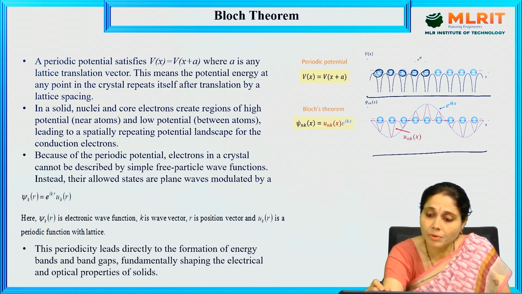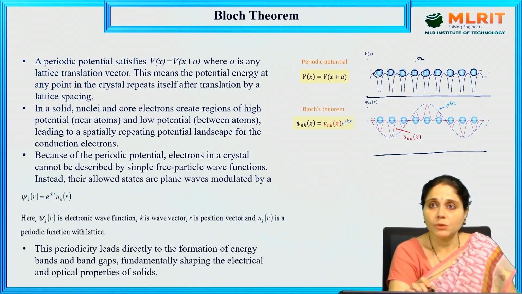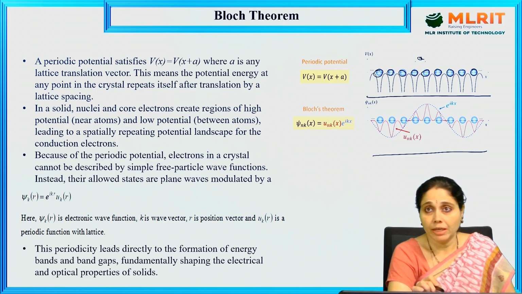The distance between them is termed a. So what happens here? A periodic potential satisfies V(x) = V(x + a), where a is the lattice translation vector.